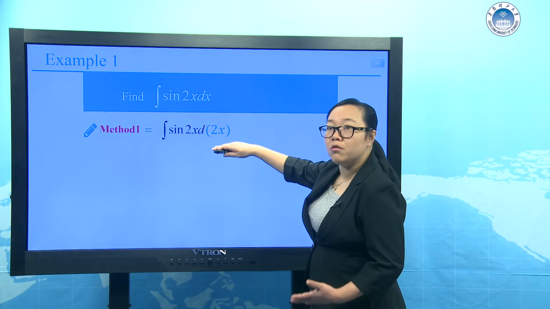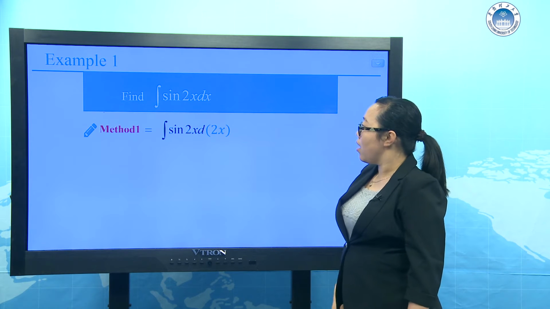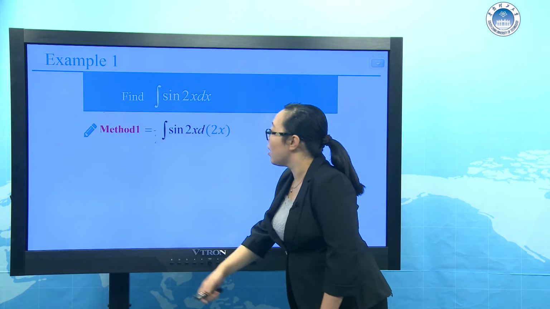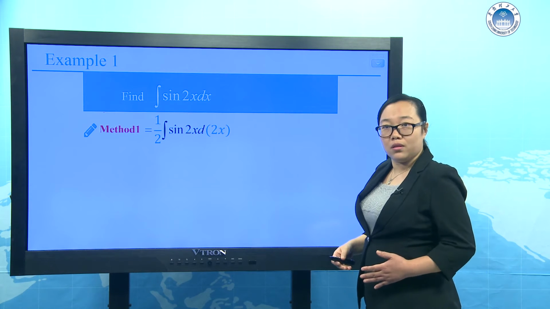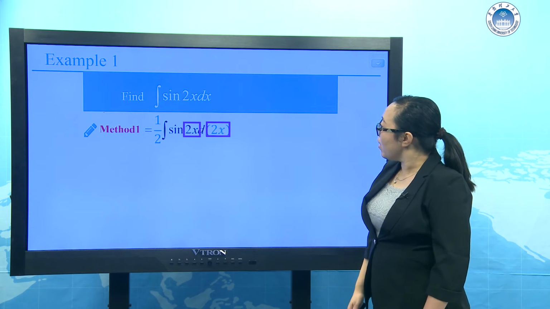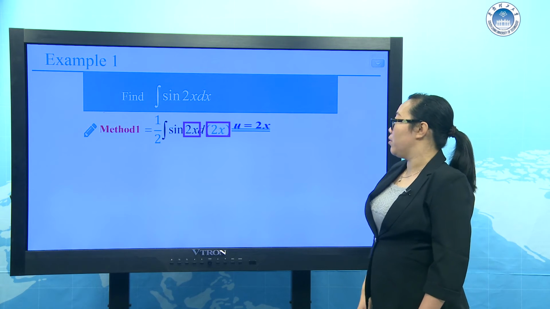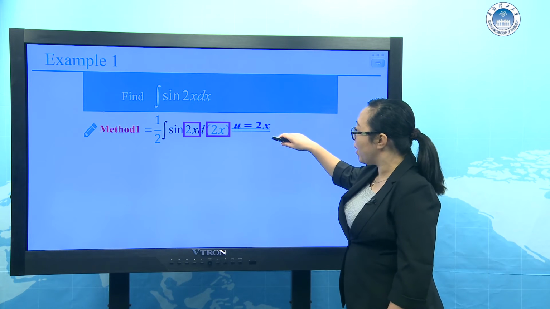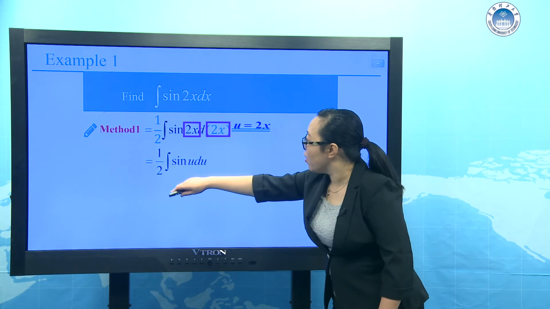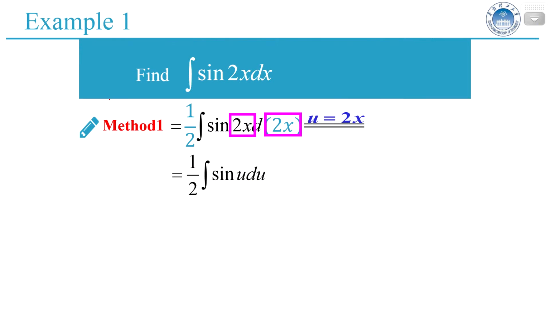So I want to make up 2x. x becomes 2x, so we need to multiply by one half. Now it's equal, it doesn't change. Let 2x be the same variable: u equals 2x, and the substitution gives one half sin u du.